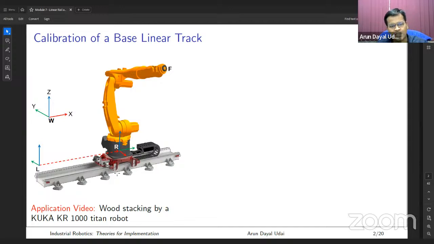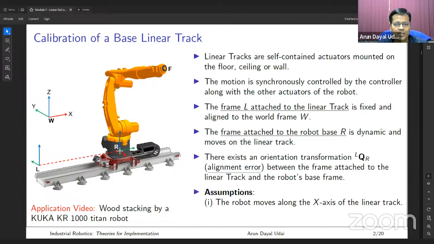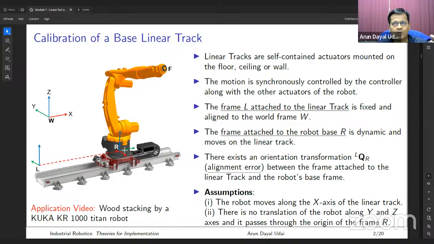Geometrically, these axes should be aligned with the global axes of the universal frame, which you see as L, the linear rail frame. With respect to this, we assume R is ideally aligned, but they are not. So how do we find that out? There are methods for it, where the industrial robot manual says you do a few exercises and you find the transformation matrix, that is, the error. That is what we call calibration.